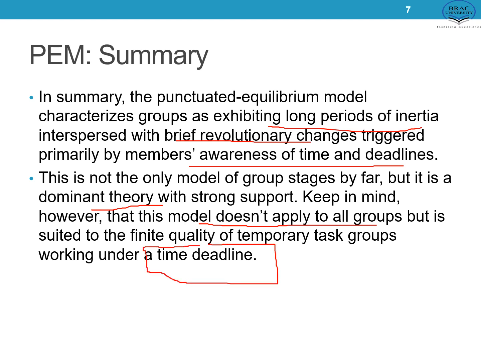If there is no time deadline, it's an infinite group, which is very rare, but when there is no timeline, no deadline, then this model doesn't work because you have an infinite period of time to complete your task. So when you are applying this model, we have to make sure first whether we have a timeline or not. If there is no timeline, then of course this model is not going to be applicable. That is the thing you have to remember when we apply this model in some situations and contexts.